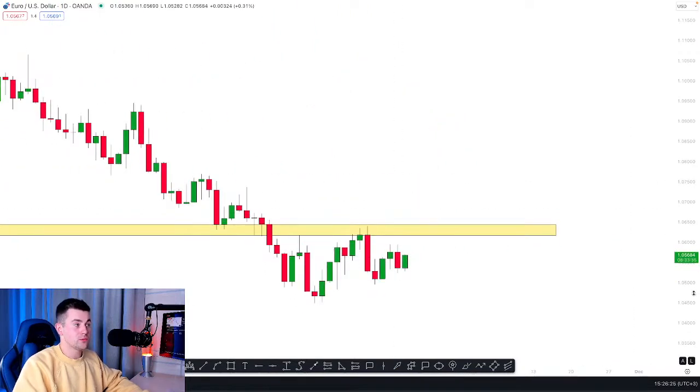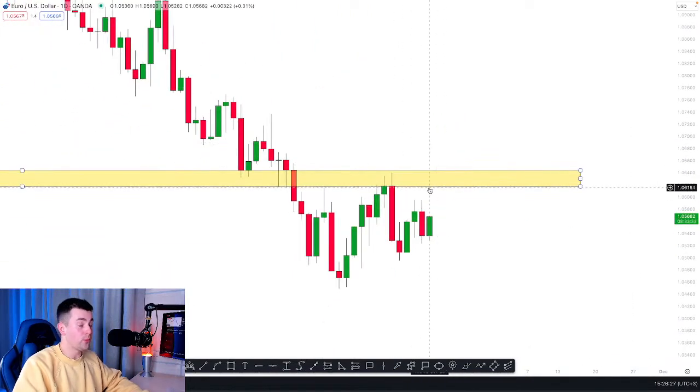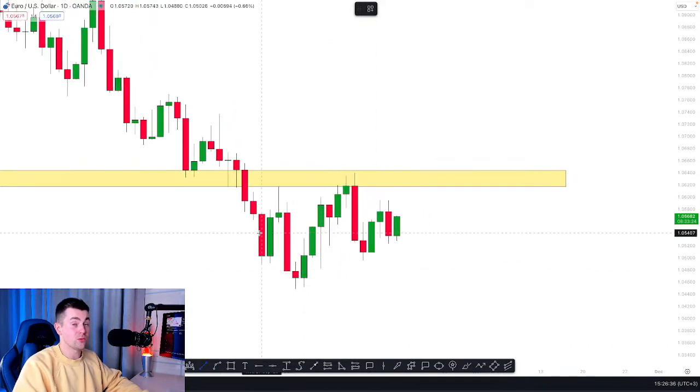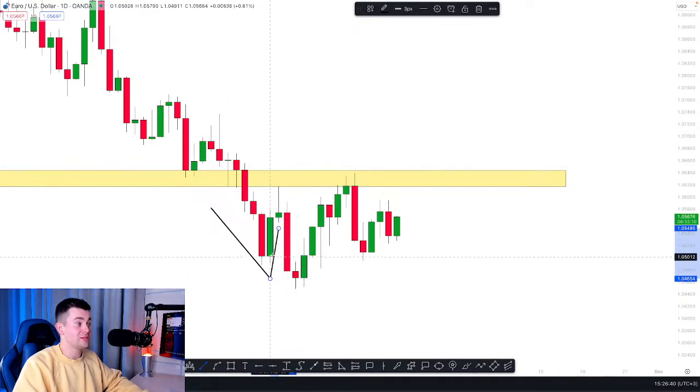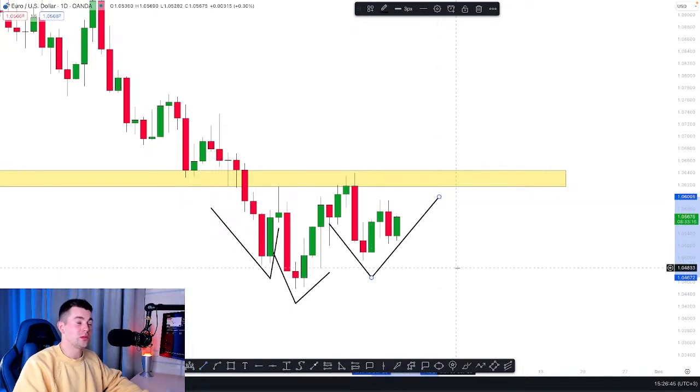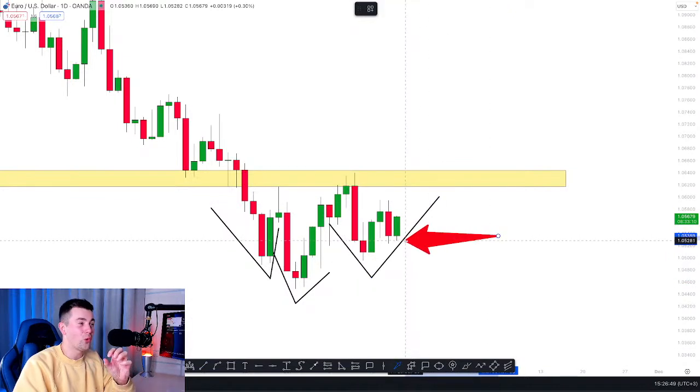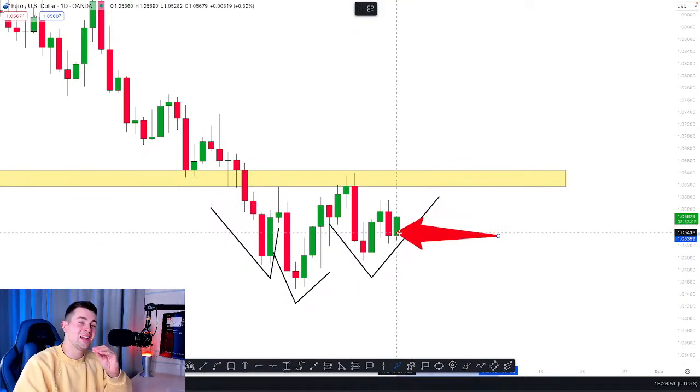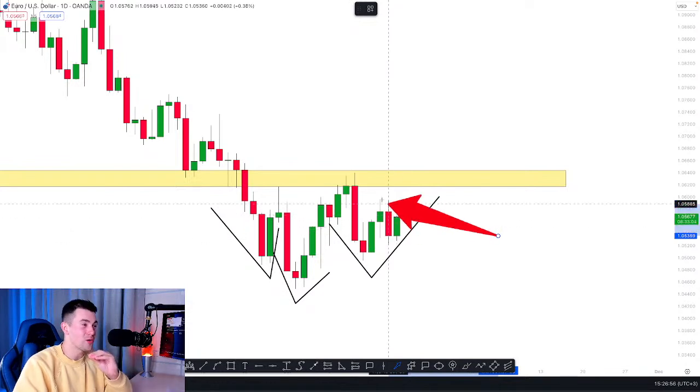So for those who are looking for a bullish reversal, that resistance will be crucially important, because if you analyze the recent price action here, you can also spot that, testing that structure, the market also formed an inverted head and shoulders pattern. Not really formed, because for now the market is completing the pattern. The market is currently completing the right shoulder.